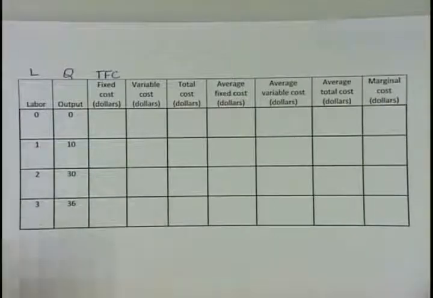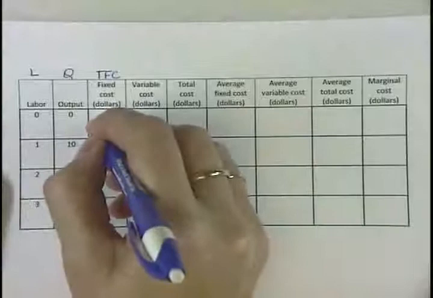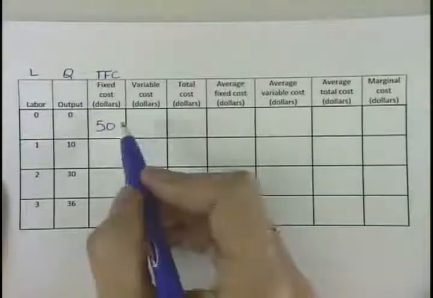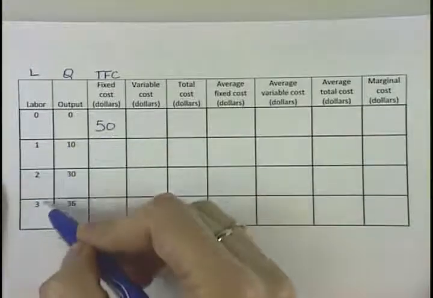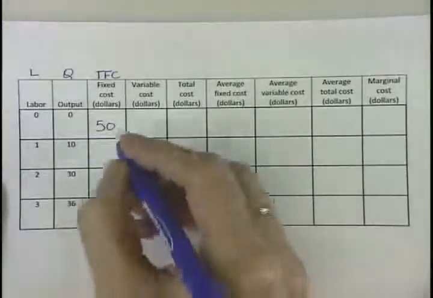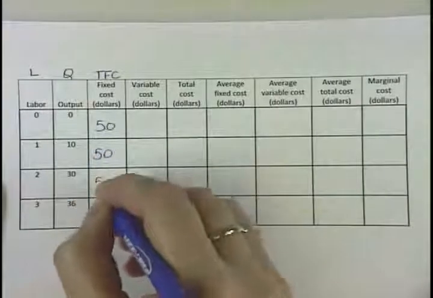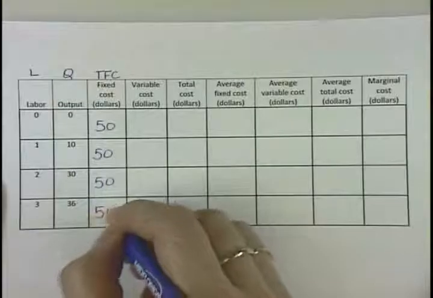So at zero labor and zero output, we still have our fixed cost. Let's say our fixed cost is $50. Even if we don't produce one unit, we still have to pay these. As we increase our labor, as we increase our output, it doesn't matter. These stay the same. They're fixed. So 50 is going to be the same throughout this.